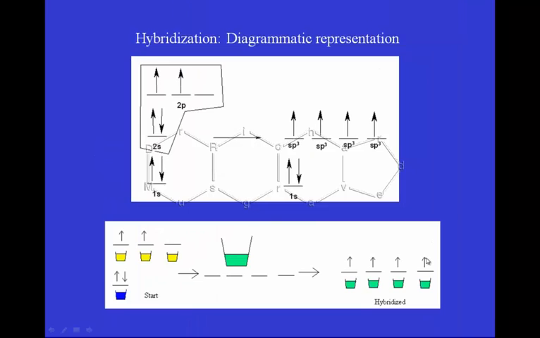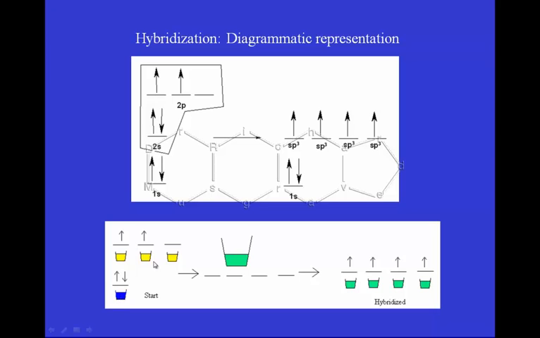Alright, let's take a look at a hybridization example. If you wanted to find the reason for why we get 4 equal orbitals, this is the reason. Let's pretend that you've got 3 yellow containers here, and 1 container with a blue substance.